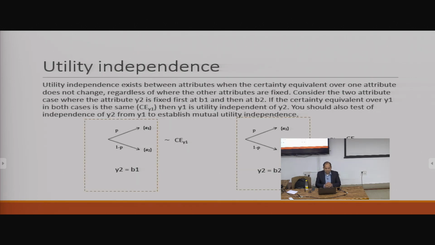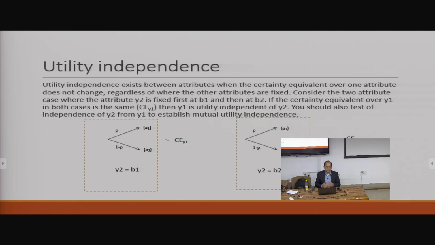Okay, so now we go to what's called utility independence, which basically says, in a nutshell, that for one attribute, let's say there's uncertainty associated with one of the attributes, we make the same decision under uncertainty corresponding to that attribute, regardless of where the other attributes are fixed.